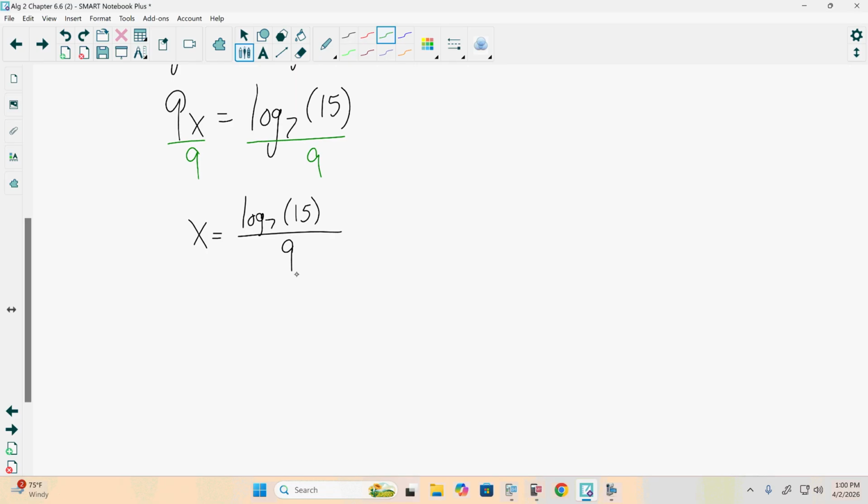Log base 7 of 15 divided by 9 is what we get, because we cannot divide the 15 part of it by 9, because 15 is a number, is a value. And we're taking whatever that value is and dividing it by 9.